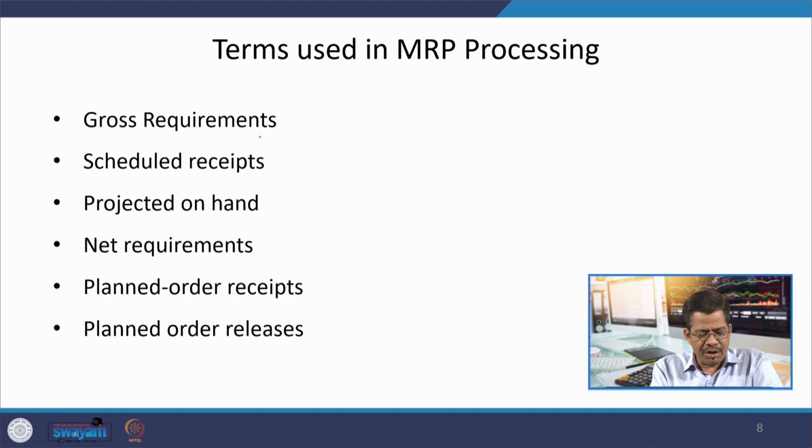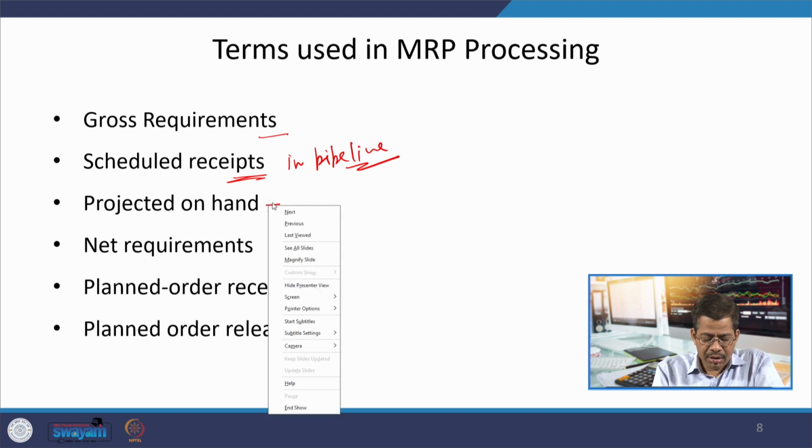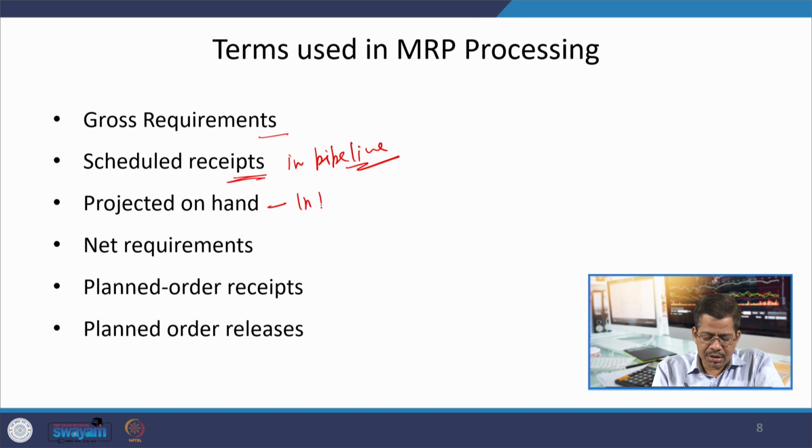Now, we have gross requirements, how many are in pipeline, and based on that whatever you have in house plus in pipeline, and on the basis of that you will get your net requirements, your gross requirement minus projected on hand, and then on the basis of that you are going to have your planned order release and their appropriate receipts on a particular day.